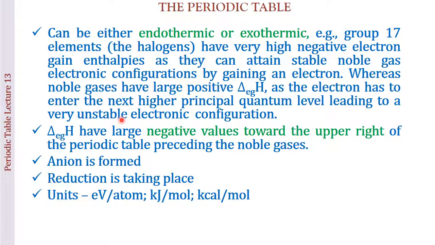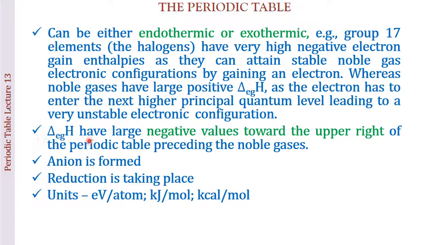So we find that the noble gases do not have any tendency to accept the coming electron, and they have large positive electron gain enthalpy values, right? So we are just going to force the electron into the atom of the noble gas simply because they do not want that electron in.